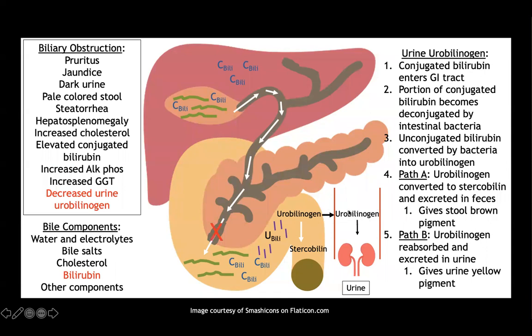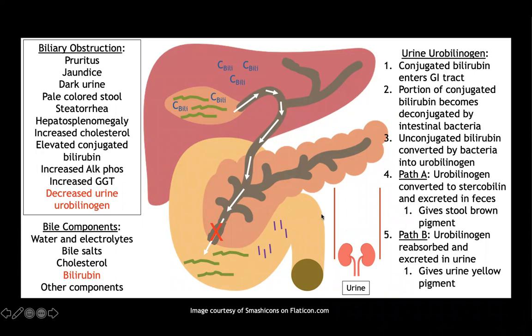If you have an obstruction here, what's going to happen is that you're going to lose all that conjugated bilirubin, nothing's going to make it into the GI tract. So you will have very low urine urobilinogen levels. But on the other hand, if you had something like hemolysis, where you have a ton of unconjugated bilirubin, a lot of that still will be converted to conjugated and ultimately flow down into your GI tract.